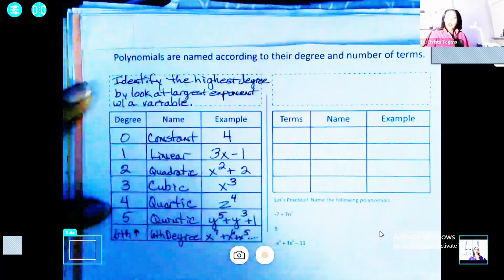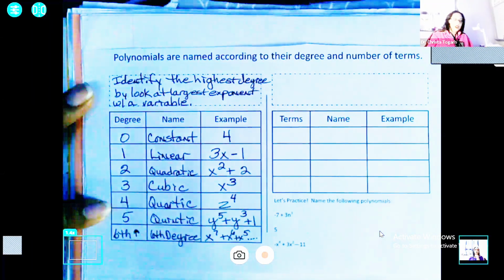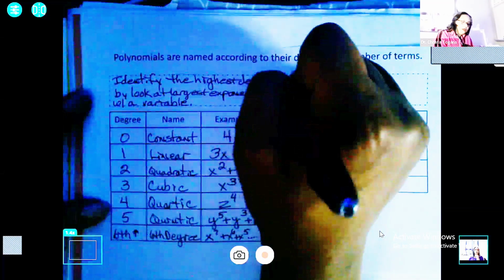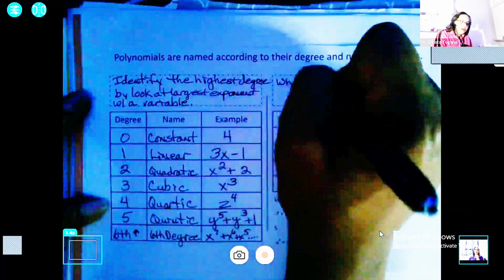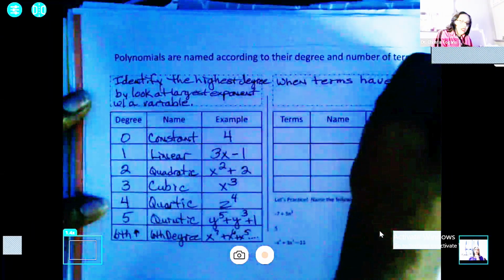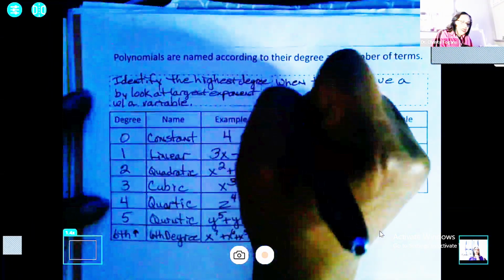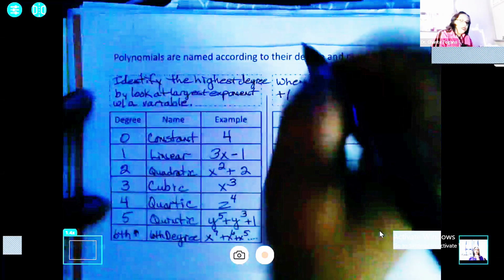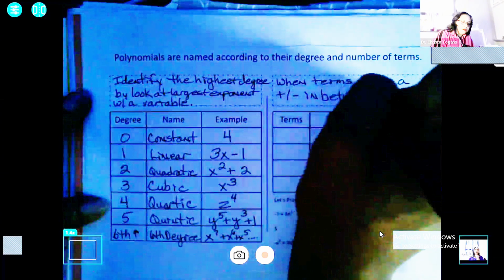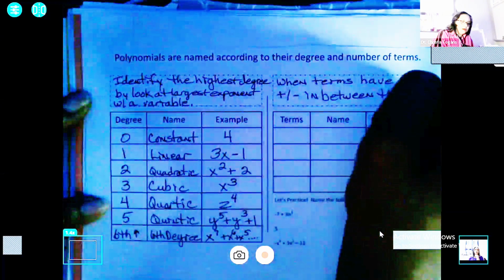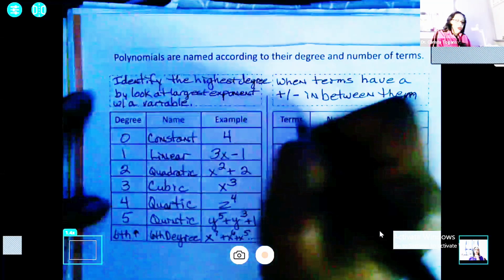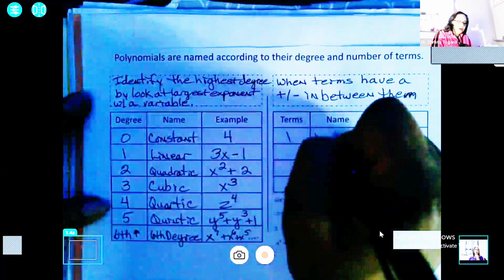And then for the terms over here, you know you have a term when terms have a plus or minus in between them. That's what that means. Oops, it's an M. Okay, so one term is a monomial.